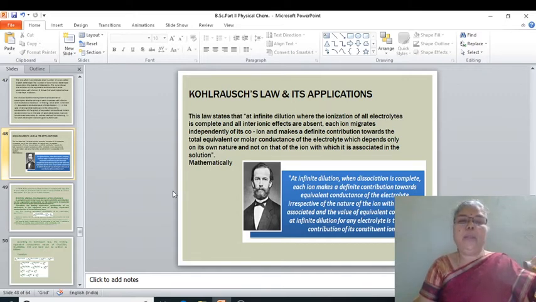When he used the electrolyte KBr and measured its equivalent conductance, he observed the value lambda 0 equal to 0.01592.